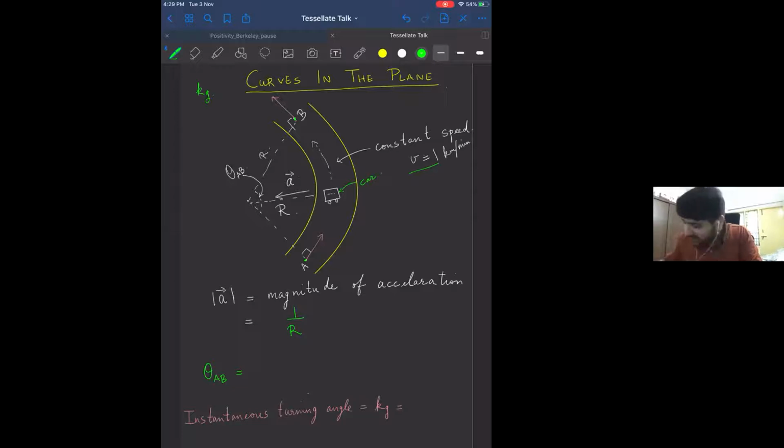So now let's try to calculate this turning angle. It's quite clear because tangents make 90 degrees with all the radii. It's clear that the turning angle from A to B is precisely this theta AB, which is the central angle that this sector subtends at the center, right?